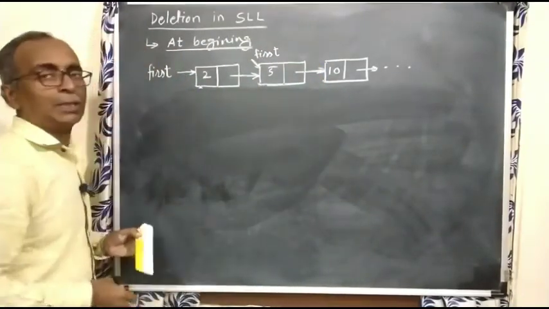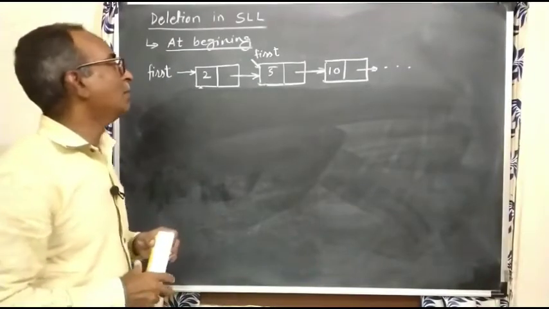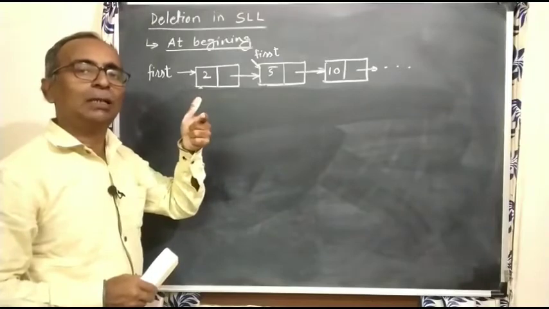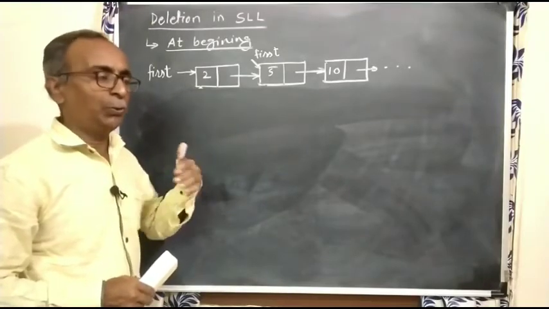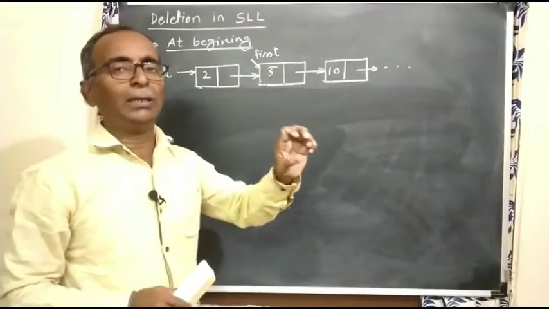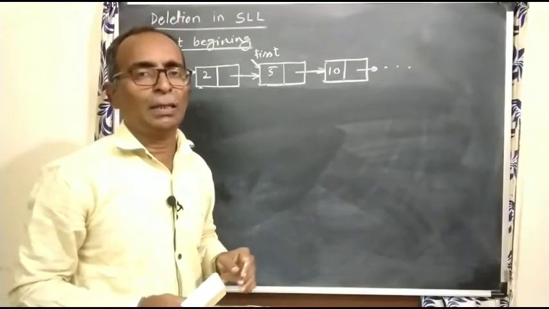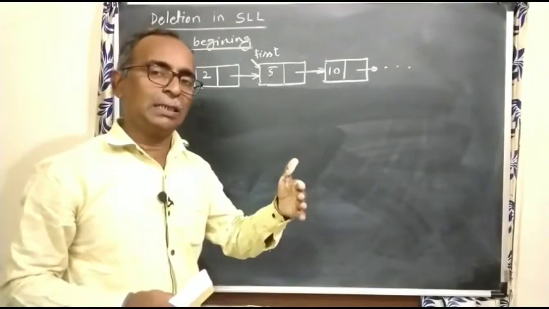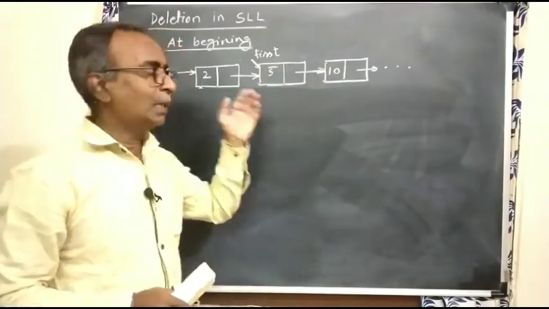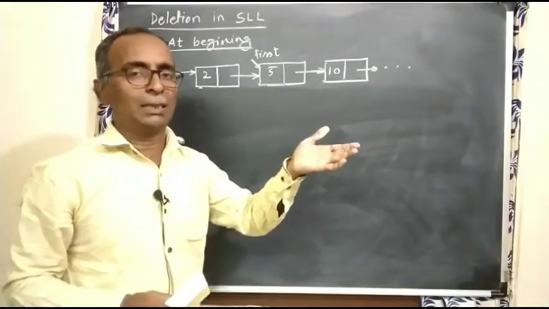What will the signature be now? Whenever you are deleting the first node, this first node is changing. You are writing a function and calling it to delete the beginning node or first node. The linked list you are passing to it, that is, the first node's address, you are passing.